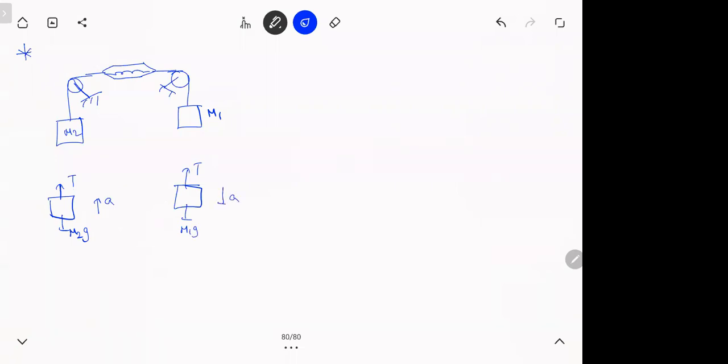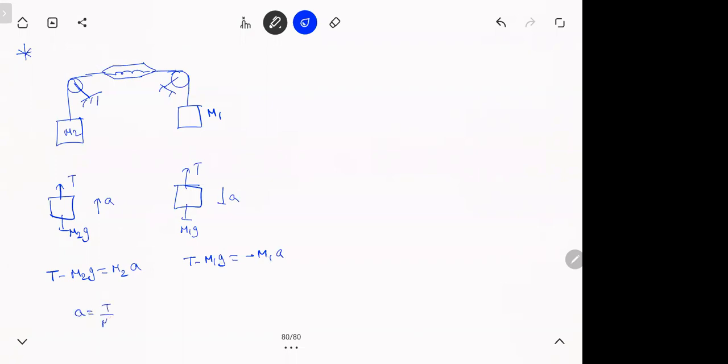You can ask me, sir, how do you know which is going up? It doesn't matter. You assume whichever you want going up. Suppose if M2 is greater than M1, the sign will come negative. That depends on the value. So you don't worry about that part. So T minus M2G is M2A. T minus M1G is minus M1A because it is going down.